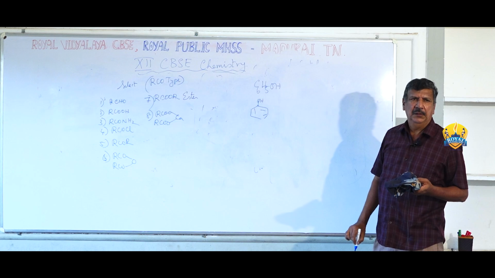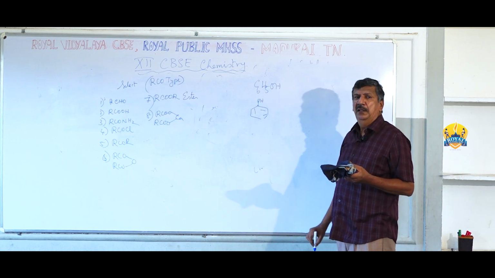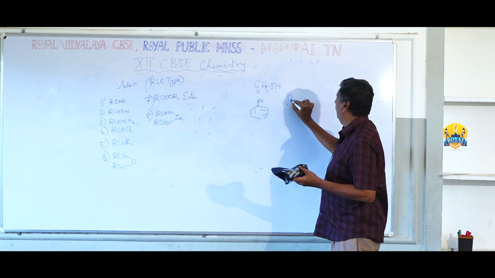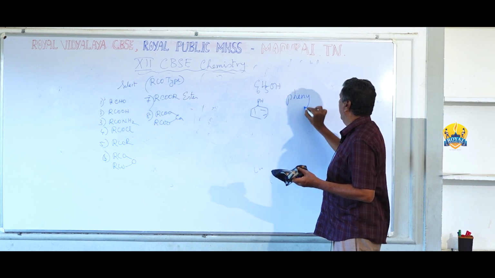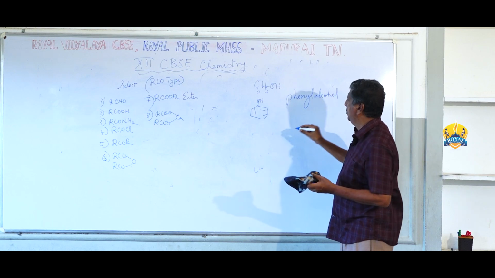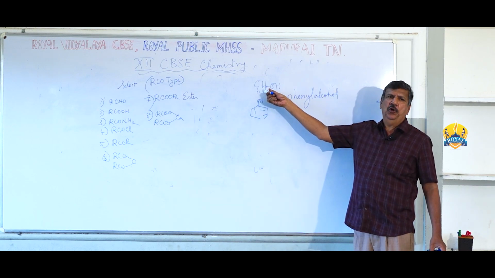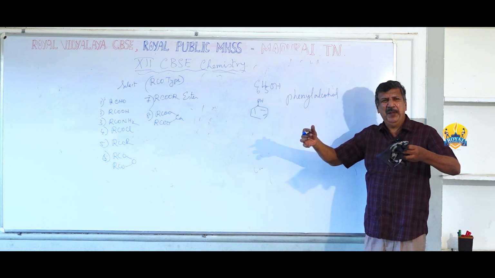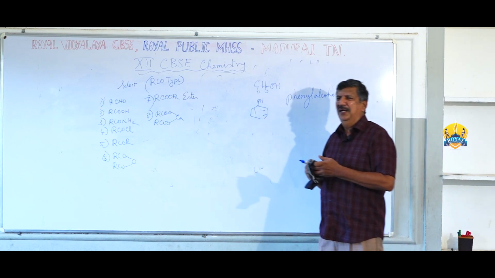The chemists wanted to name this formula as phenyl alcohol because this belongs to the phenyl group, this belongs to the alcohol group. So they like to name it as phenyl alcohol.